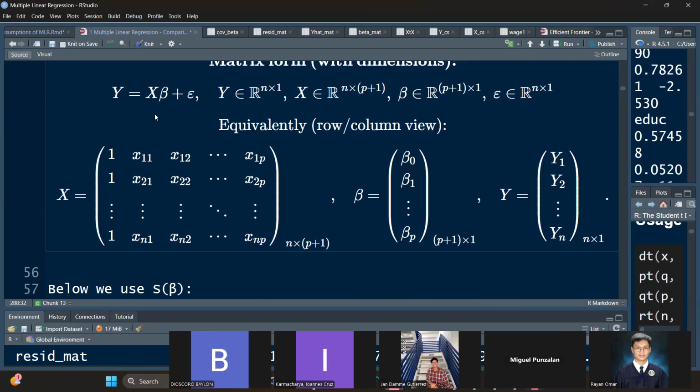Beta is your array for the predictors, including the intercept, and then plus your epsilon. Why do we add this? Let's assume this is your actual value, and Xβ is your predicted value, class.